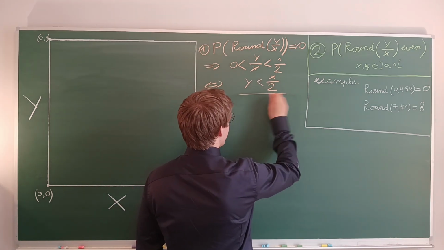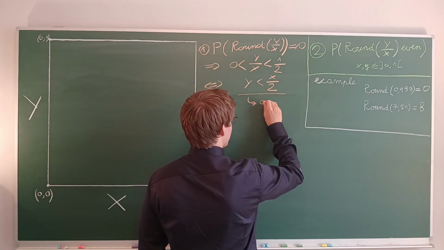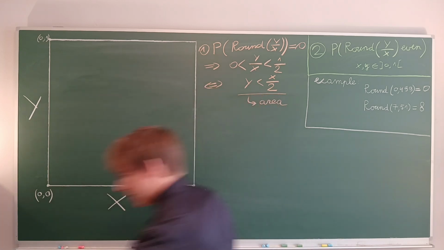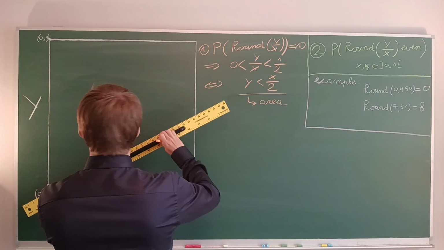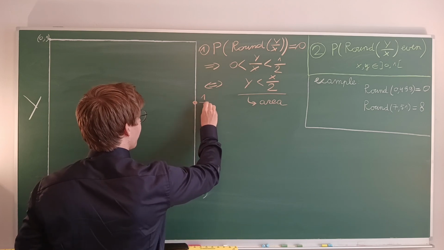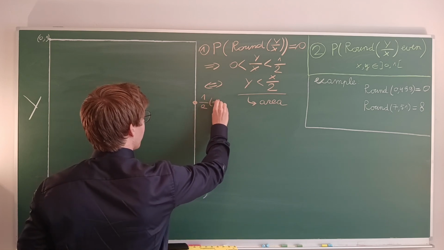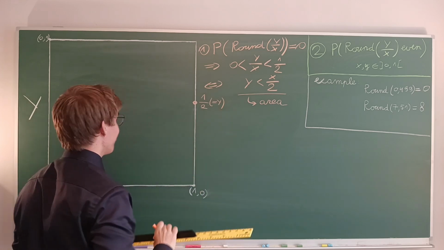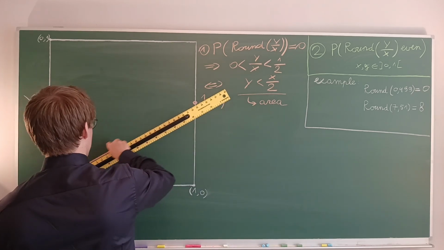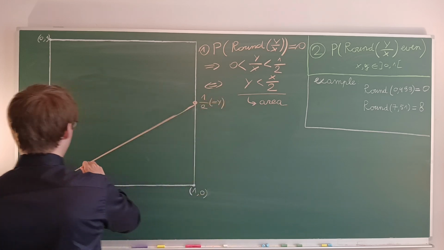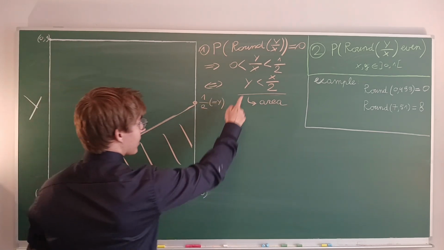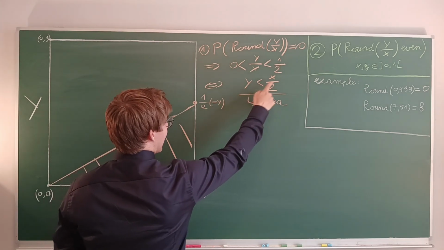And now we can draw the area that this will represent in the grid. This will be this point, 1/2, y equals 1/2, and this will correspond to this area where y is less than x over 2.